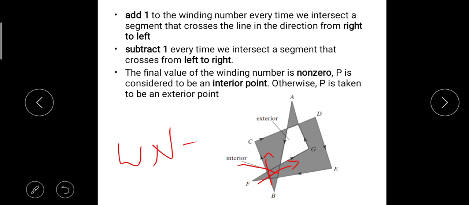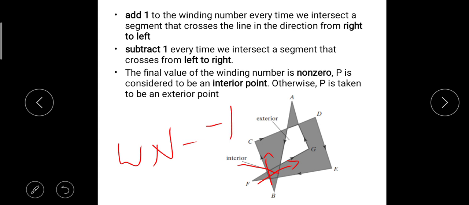The first line segment, F to G, is from left to right, so you need to subtract 1. The winding number initially is 0, so now it becomes minus 1.